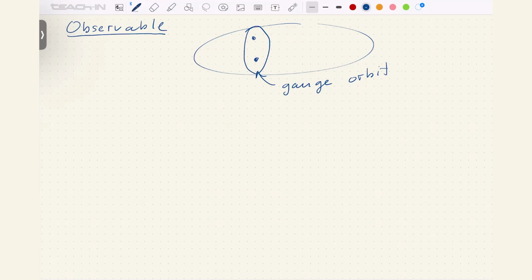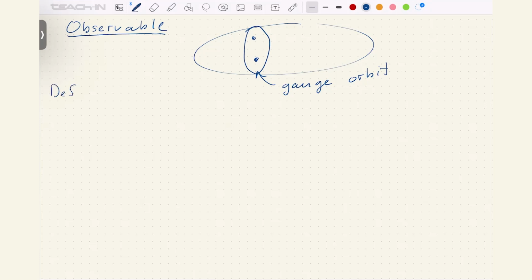So it should take the same value at all points of the same gauge orbit, and this should happen for any gauge orbit. In fact, for this, it's enough to require the following, and this is a simple statement.